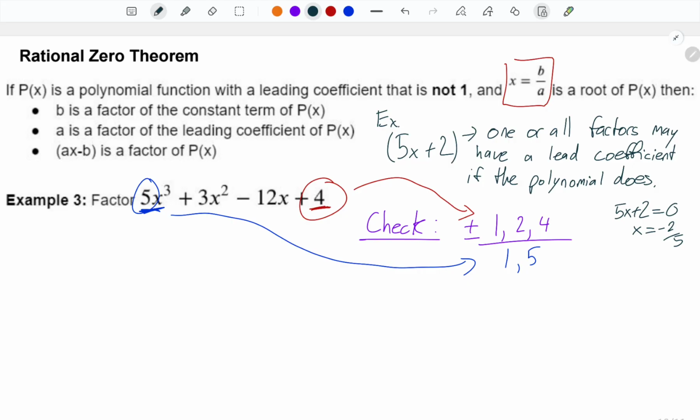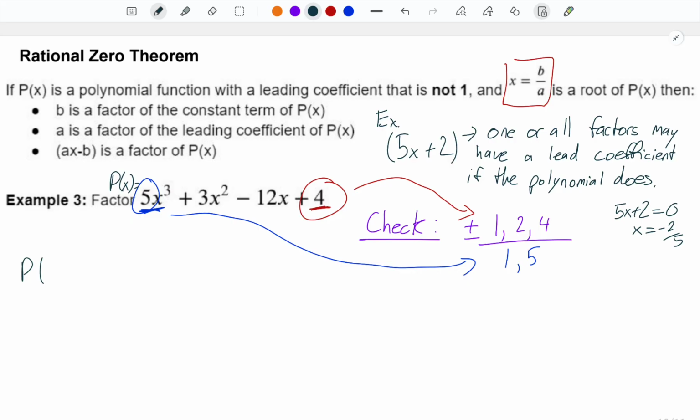Okay. So the process is still actually the exact same. So I'll call this polynomial p of x. And so we still check all these possible numbers. We just need to possibly check fractions as well too.